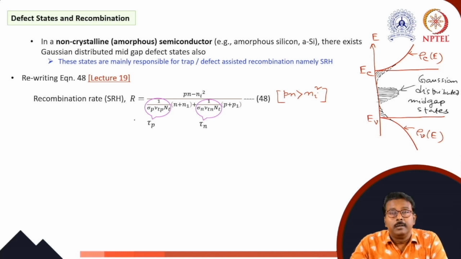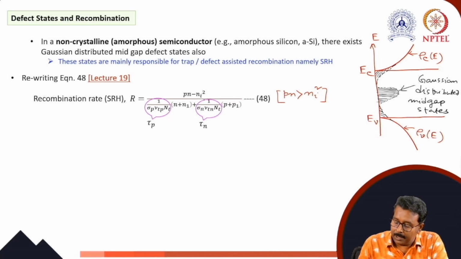Now the trap assisted recombination rate, we already derived this expression. This is pn minus ni square divided by, 1 by sigma p Vtp Nt, which is nothing but tau p, the lifetime of hole, into n plus n1.